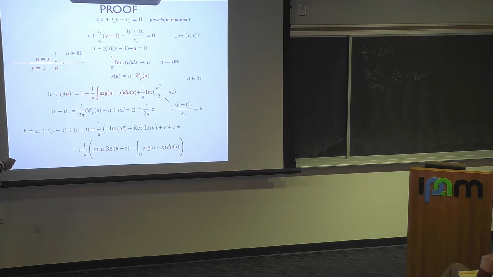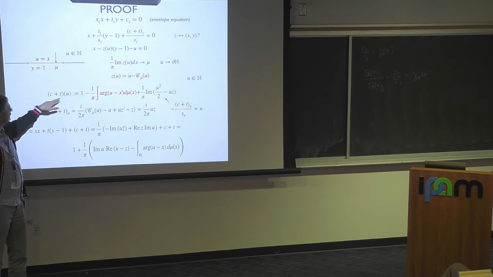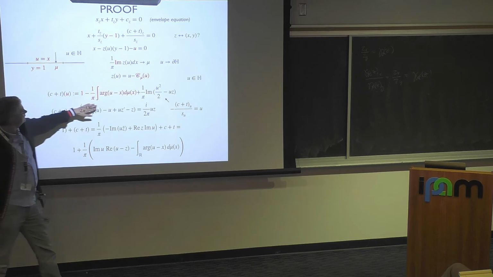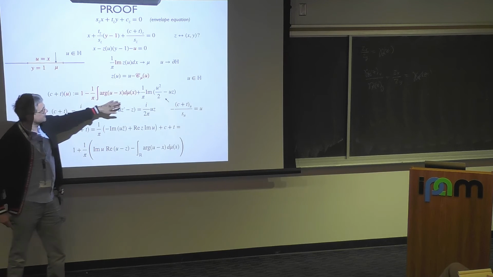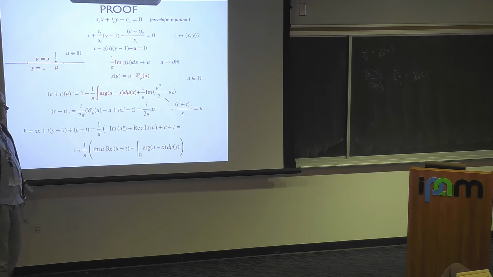But you also know on the boundary the Legendre dual of the C plus T, which is given by this function, taking care of some singularities. So you have to add this kind of term.